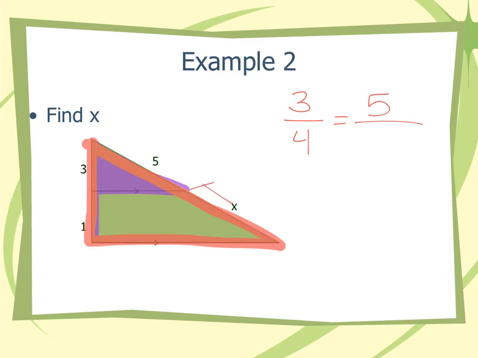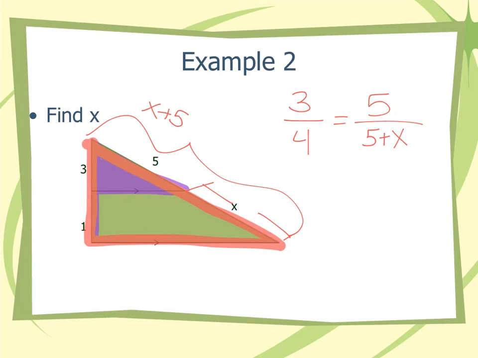X is just from here to here, right? 5 plus x. Does that make sense? So you got to look at sides as if it's the side of one triangle and the side of the other. So little to big would be 5 to this whole side, which would be x plus 5.